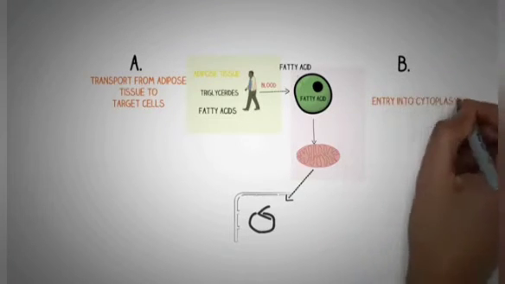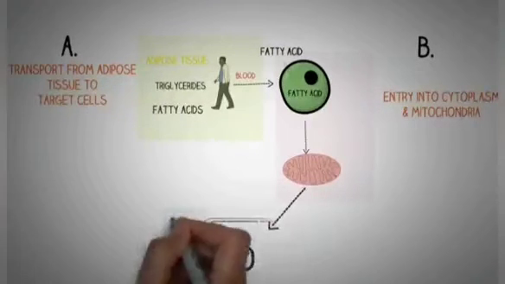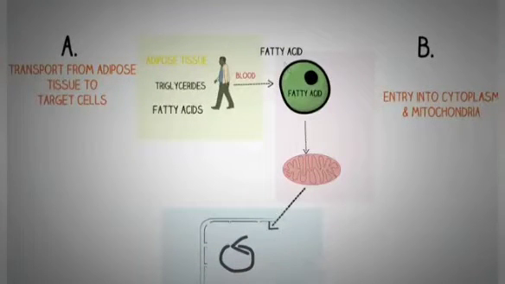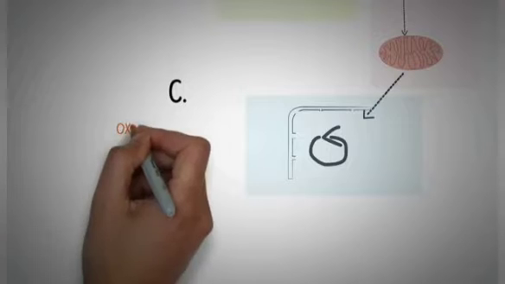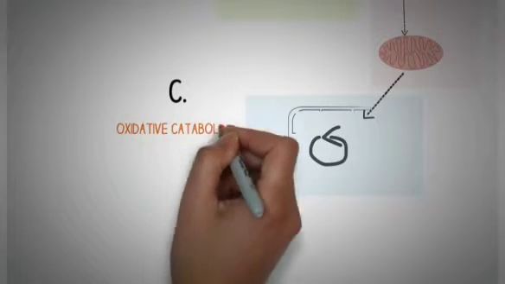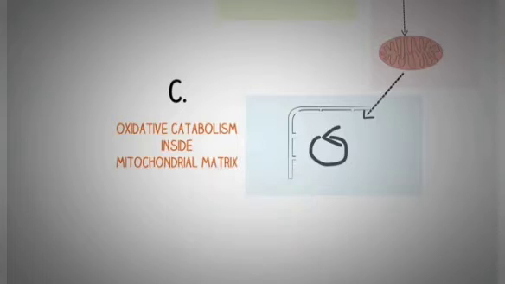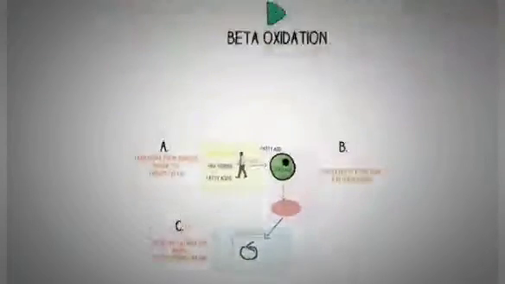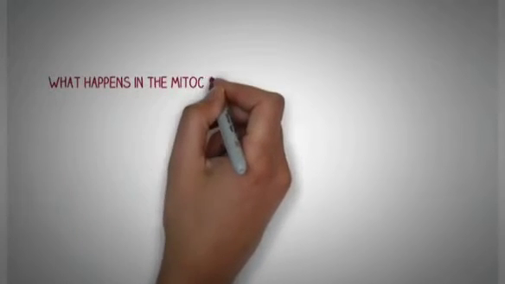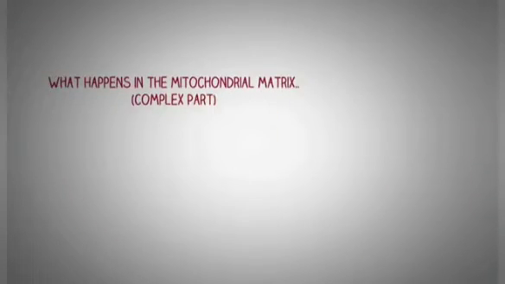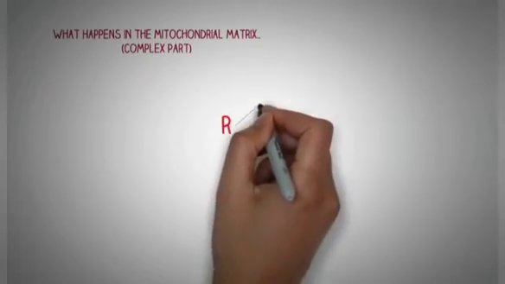We also talked about how the free fatty acids enter into the cytoplasm and the mitochondria. Now in this video we will be talking about the oxidative catabolism of fatty acids that takes place inside the mitochondrial matrix.